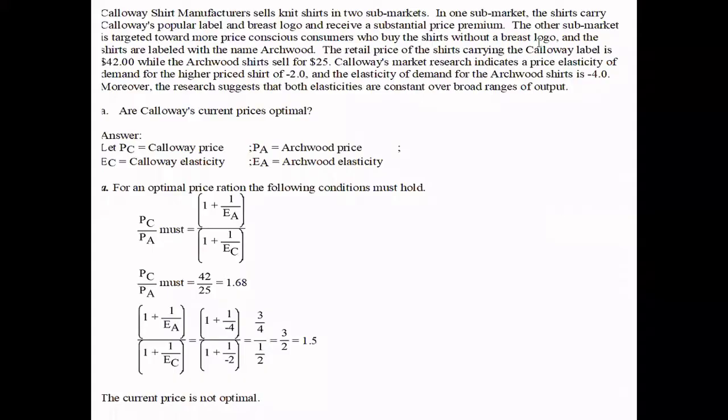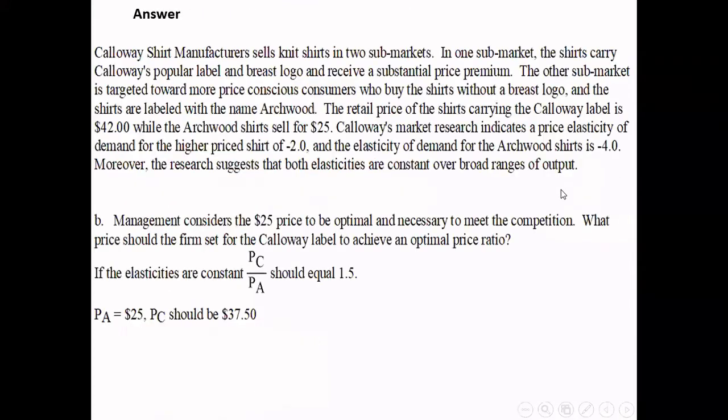So after we reach the optimal prices, which is not equivalent here in this example, we will have another question. He is asking, if this company has a 1.5, let's say he is going to propose management consider the price of 25 to be the optimal price and necessary to meet the competition.